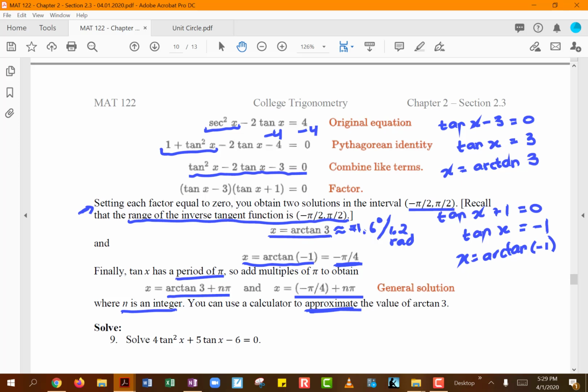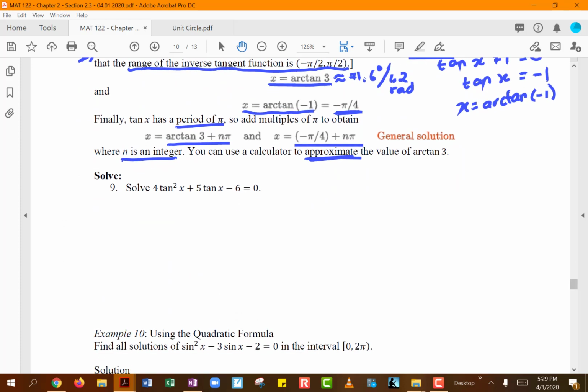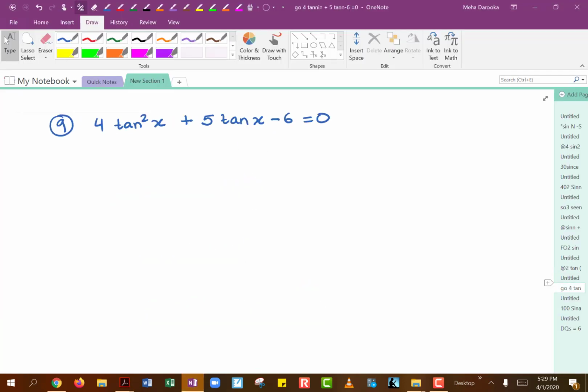Okay, all right, so let's take a look at how we can solve example 9, problem number 9 here. We are given 4 tangent squared of x plus 5 tangent of x minus 6 equals 0. The first thing we need is to see if we can factor our left-hand side.